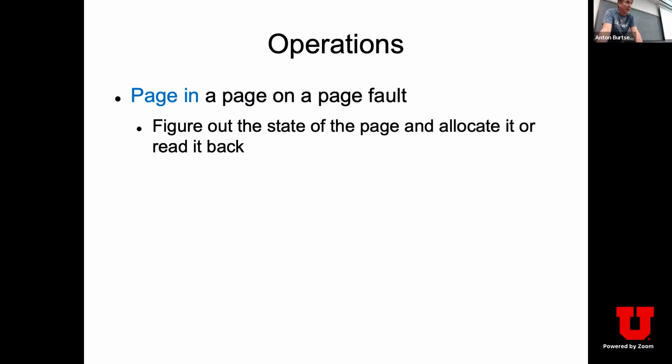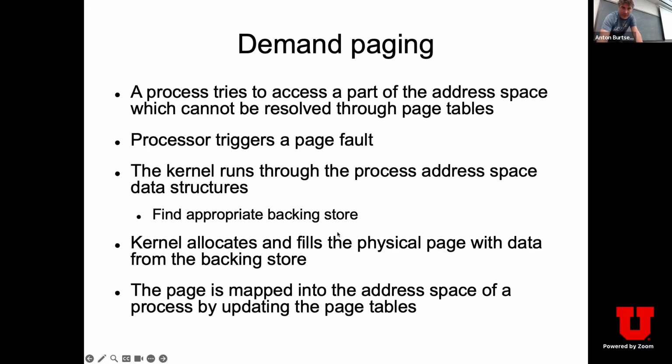Or maybe it's copy on write and stuff like that. And at a high level, what's involved in demand paging: if the process tries to access a part of the address space and the page table entry says not present, for example, a page fault is triggered.